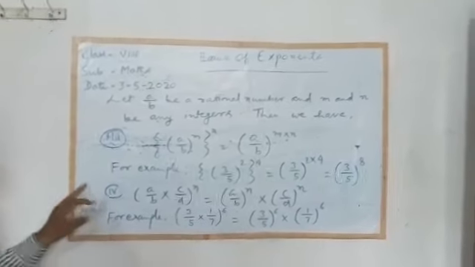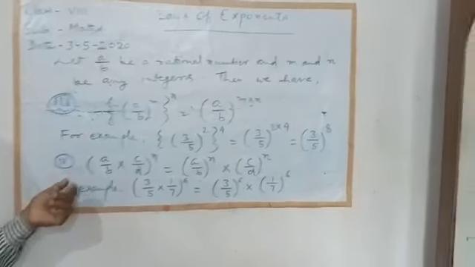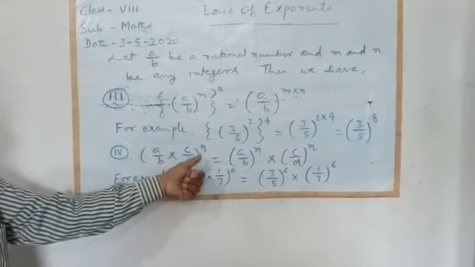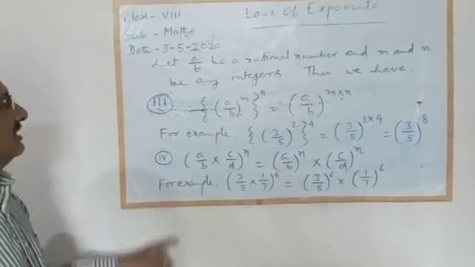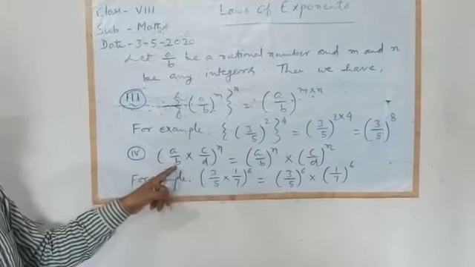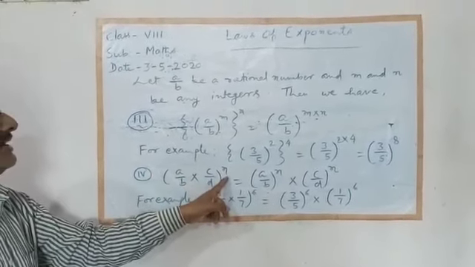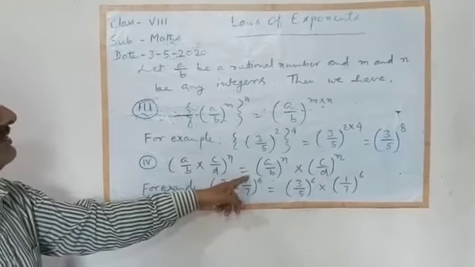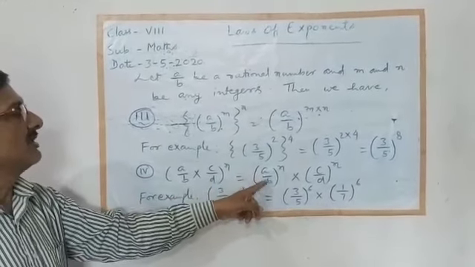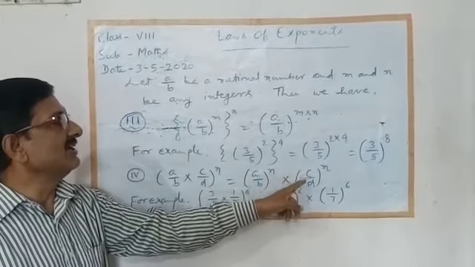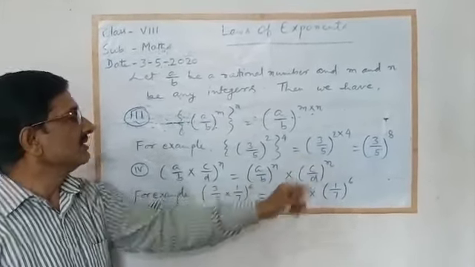And in the fourth law we are discussing different rational numbers having the same integral power. Here (a/b) multiplied by (c/d) and whole having the power n will be equal to (a/b)^n multiplied by (c/d)^n.